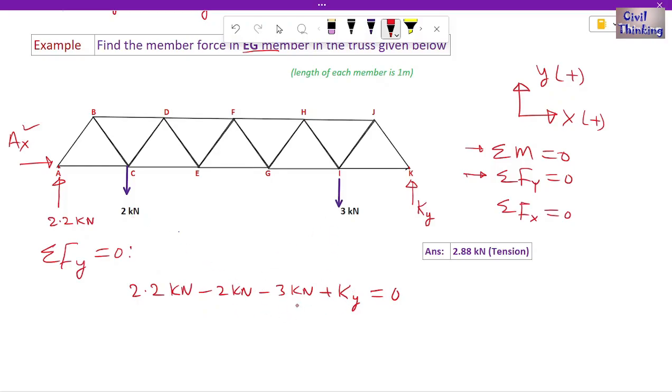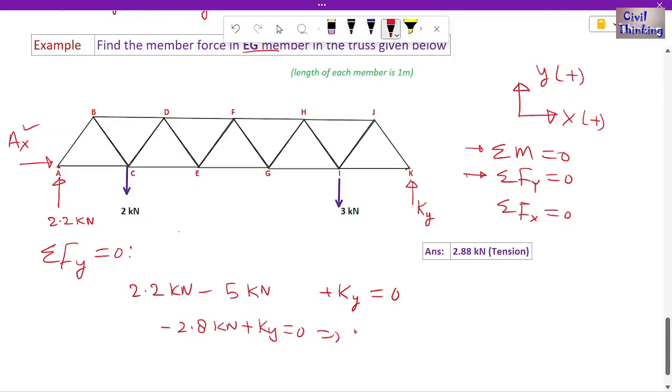Okay, now let us simplify this. Minus 2 minus 3 is minus 5, right? This is minus 5 kilonewton. Now 2.2 minus 5 is how much? 2.2 minus 5 is negative 2.8, right? Negative 2.8 kilonewton plus Ky is 0, right?